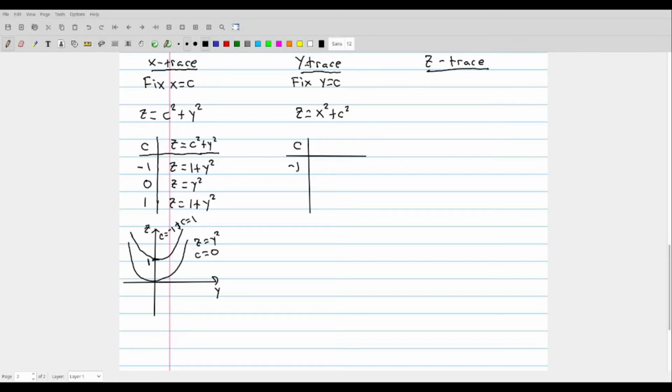So when c is -1, 0, and 1, with y fixed, it's x squared plus c squared. When c is -1, you get z is equal to x squared plus 1. When c is 0, you get z is equal to x squared. When c is equal to +1, you get z is equal to x squared plus 1.